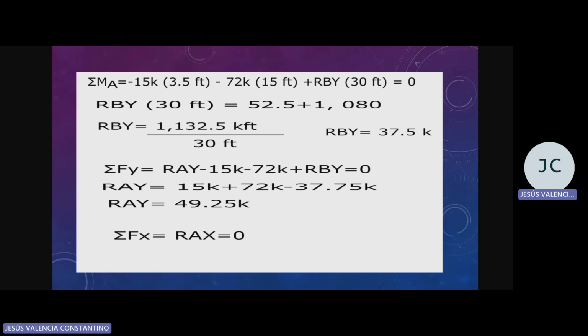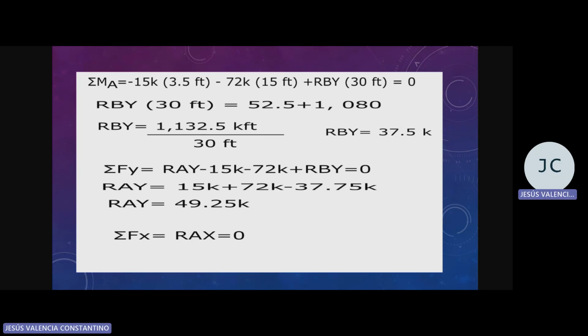Next, we perform the summation of forces in the Y direction. RAY is positive. The 15 kilos and 72 kilos are negative, and the RBY value of 37.75 kilos is positive. All of these equal 0.